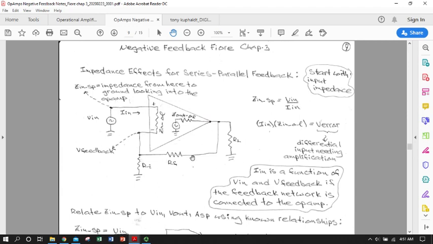Oh, but there's another way to get to ground too. We've got two grounds, one here and one here. So if I'm standing here and I'm looking into this op amp representation of circuits, I can get to ground this way, or I can get to ground this way, because there's a ground inside the op amp. So I have a parallel configuration to ground.